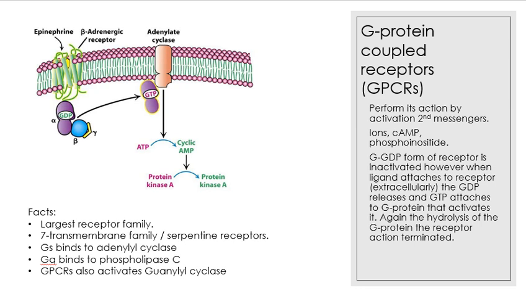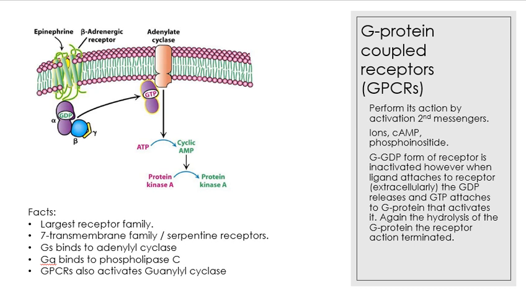The activation of the enzyme is terminated by the hydrolysis of the GTP into GDP again, and the reaction will be terminated at this. First, there are different kinds of G proteins: Gs, Gi, and Gq, and each of these G proteins has a different mechanism.